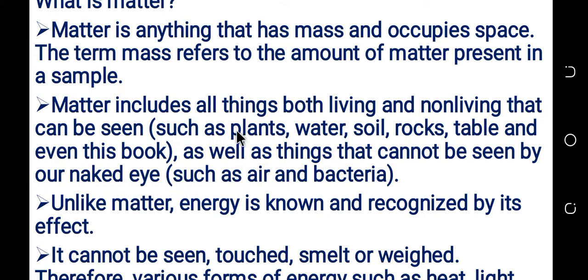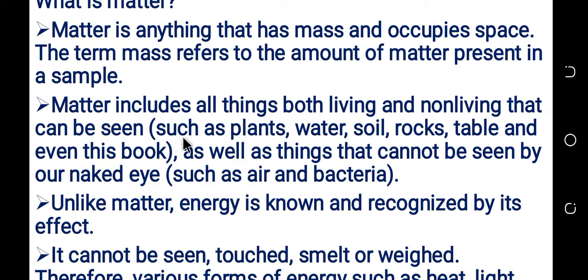Matter ማለት ማንኛውም ሊቪንግ ሊሆን ይችላል, ማስና ስፔስ የሚይዝ. ለምሳሌ በአይናችን ማየት ከምንችላቸው ውስጥ ፕላንቶች, water, soil, animal, table, even this book. በአይን የማይታዩ ነገሮችንም ያጠቃልላል, ለምሳሌ ኤር እና ባክቴሪያ.